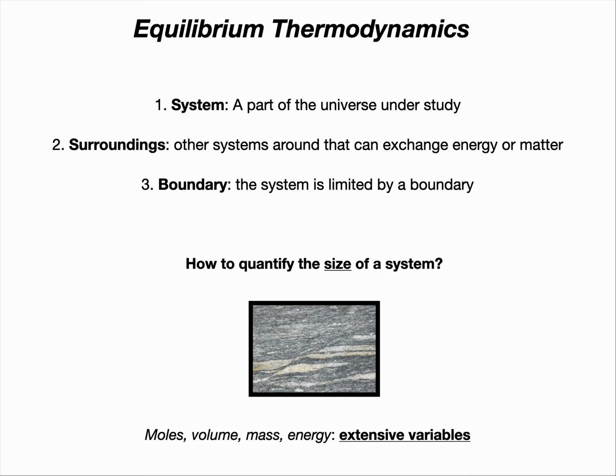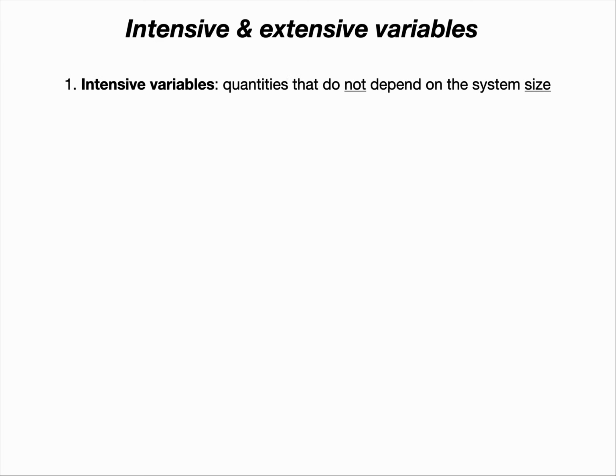Now, how do we quantify the size of the system? The size of a system has to be defined by a set of what we are going to call extensive variables: moles, volume, mass, or energy. This is going to define the quantity or size. So what are intensive and extensive variables?